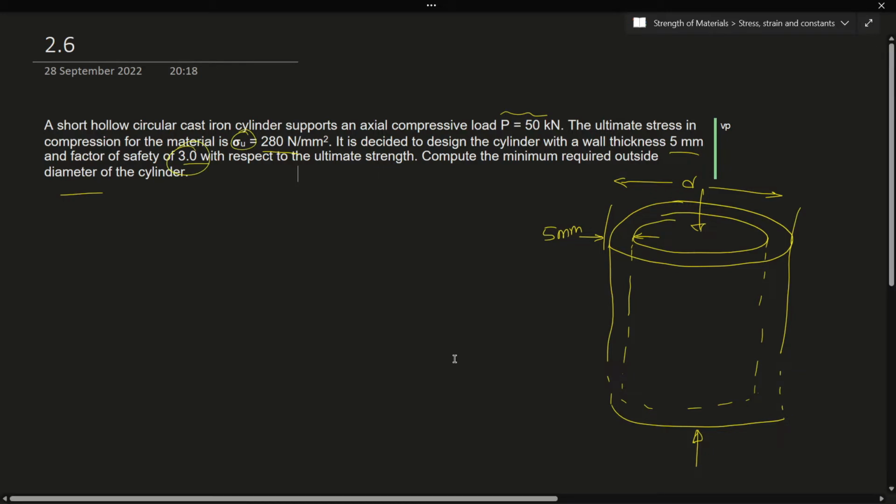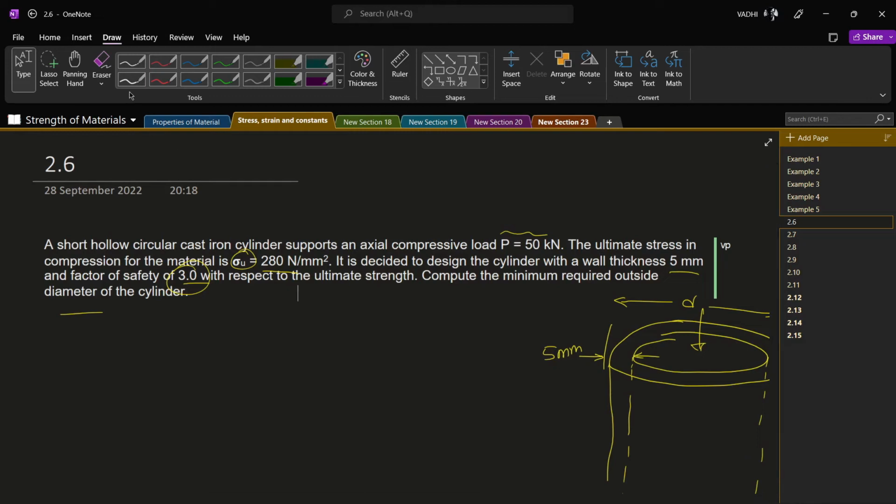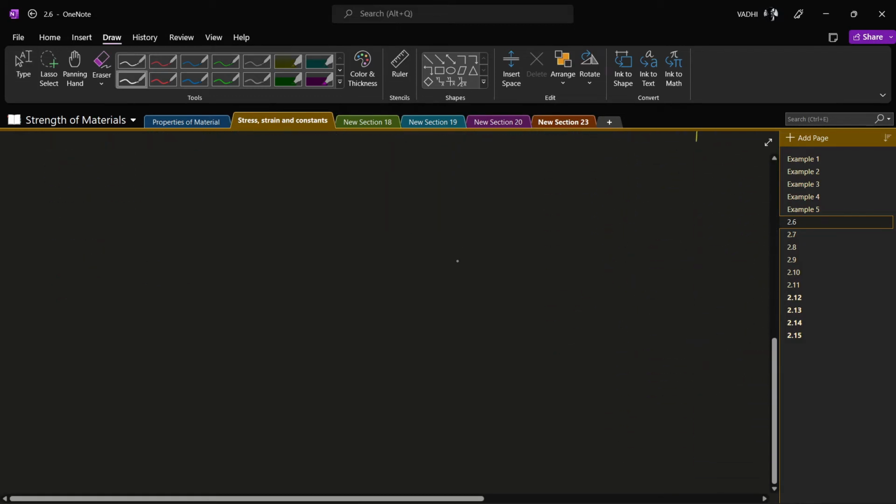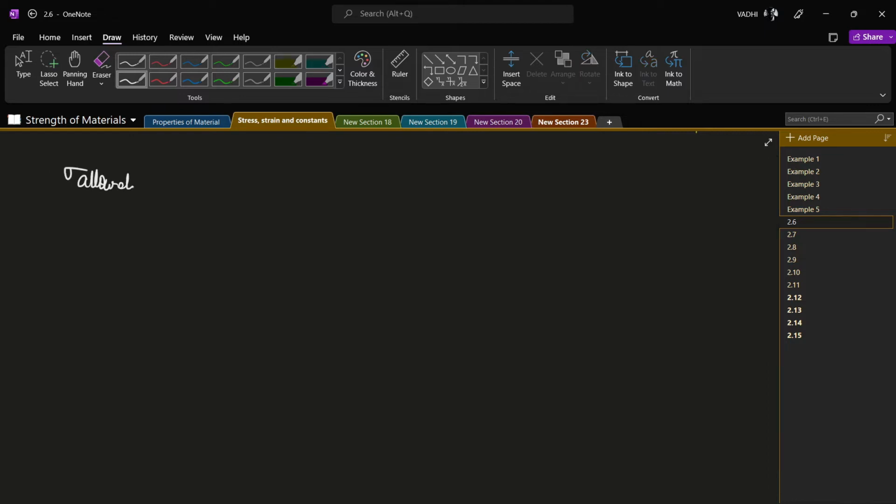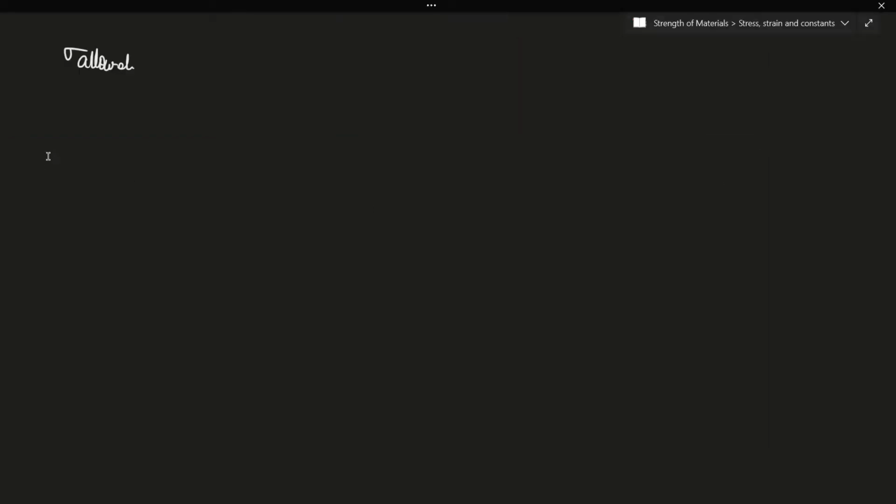Right, so before we get into solving the problem, let us just discuss some theory concepts regarding this. Now first of all, what exactly is sigma allowable? Right, so what is allowable stress? Allowable stress is nothing but sigma yield or yield stress divided by factor of safety.